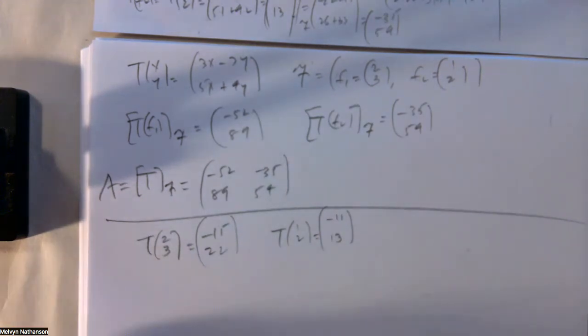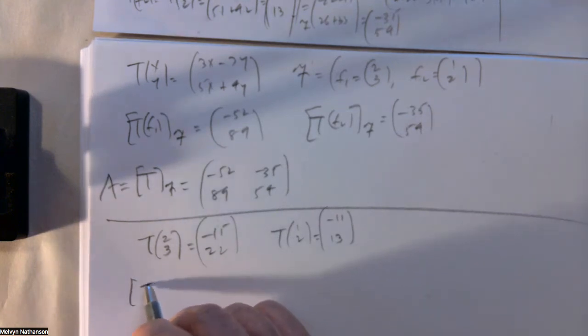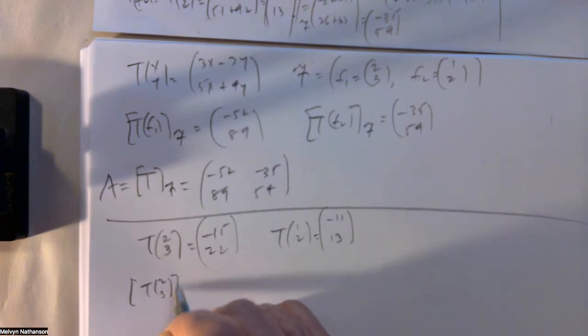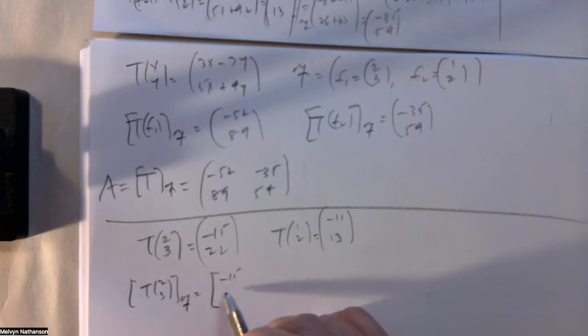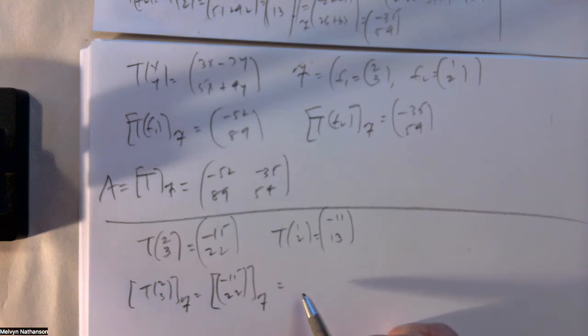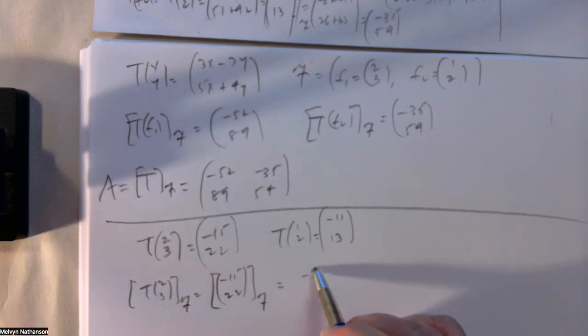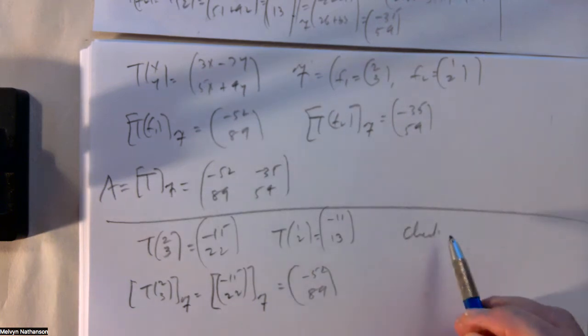And I had calculated that the coordinate vector for T of (2, 3), which is the coordinate vector for (minus 15, 22) with respect to the basis f, was (minus 52, 89). Okay, let me just check.